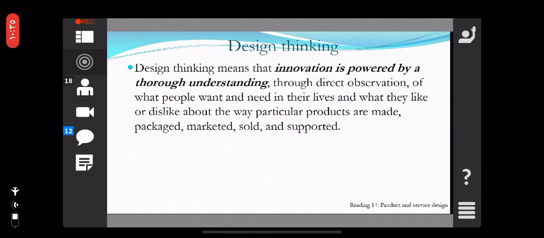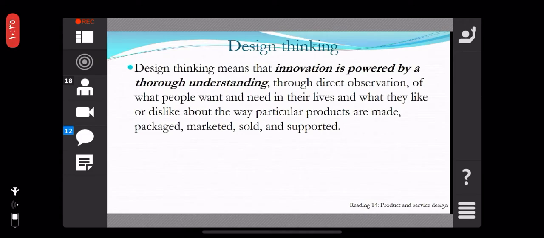Okay, disadvantage. Design thinking. Design as a process. Design thinking means that innovation is powered by thorough understanding. You understand something, you will be creative. It could be through direct observation.